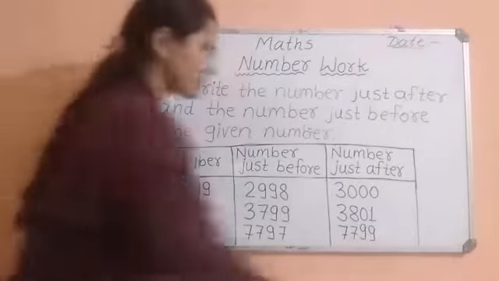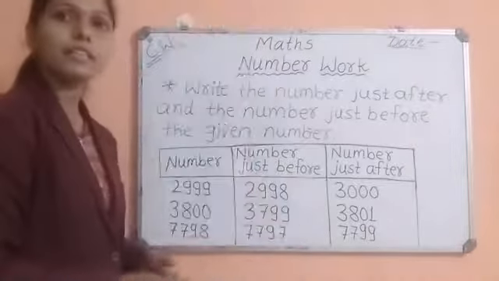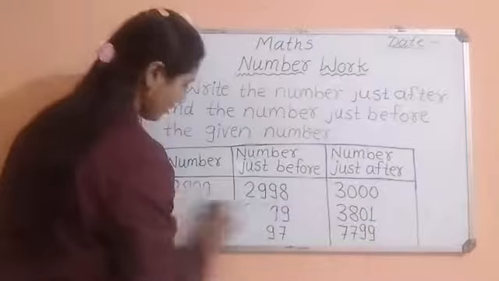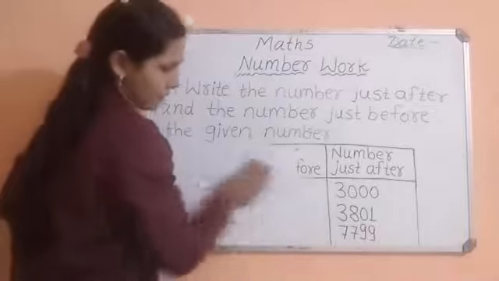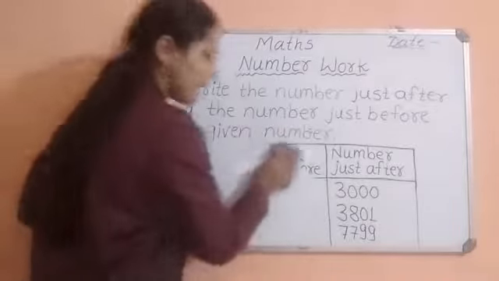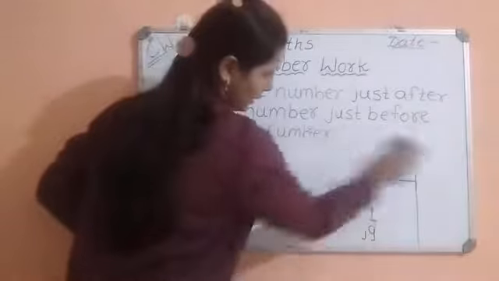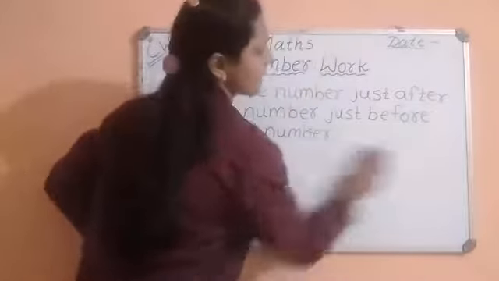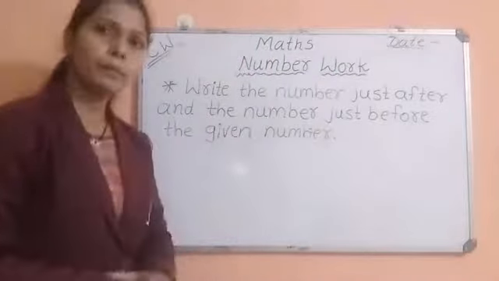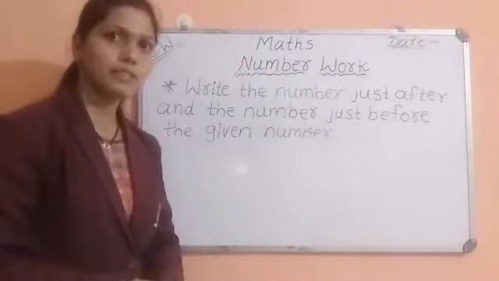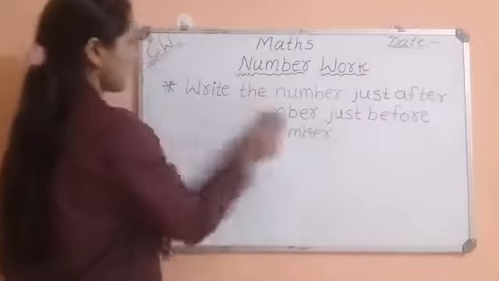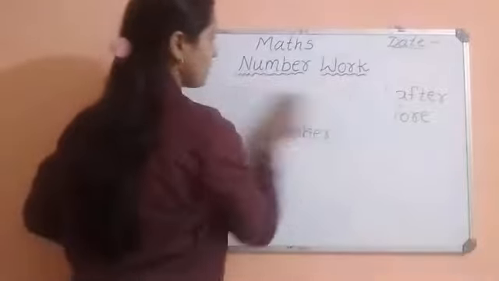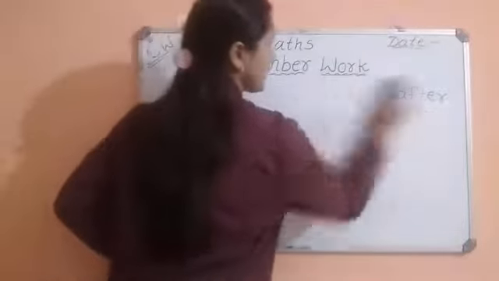Okay, now we will see comparison of numbers. If we say comparing, what do you remember about comparing numbers? You already compared numbers in the last standard, the 3rd standard: comparison of 3-digit numbers, smaller number and greater number.